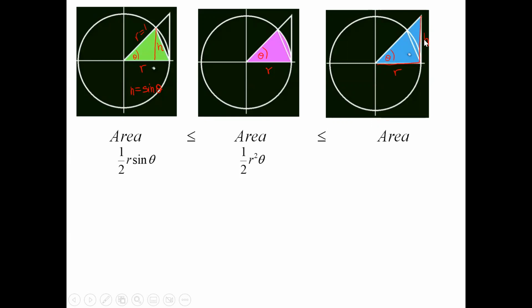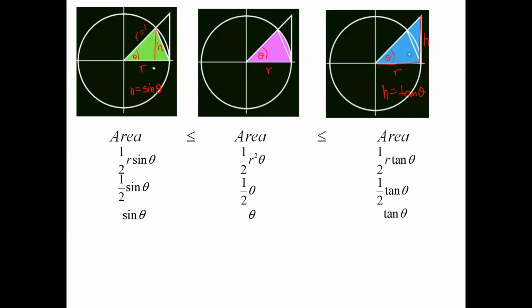Tangent theta is h over r, and r is 1. It means 1/2 base times height, and the height is basically tangent theta. Now let's remove the r, because r is 1. That means 1/2 sine theta, 1/2 theta, 1/2 tangent theta. We can divide each part by 1/2: sine theta, theta, tangent theta.